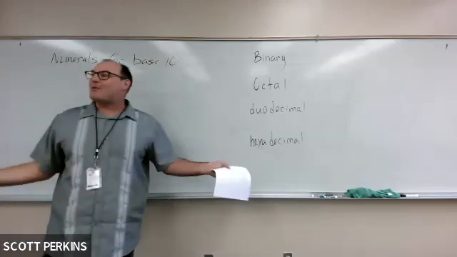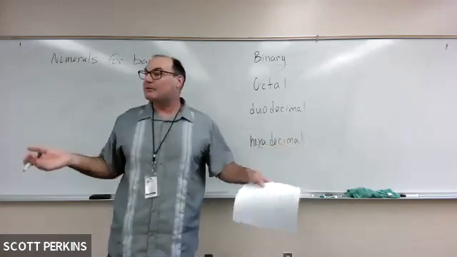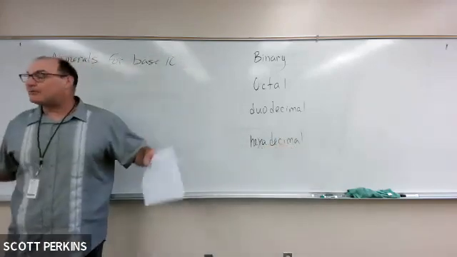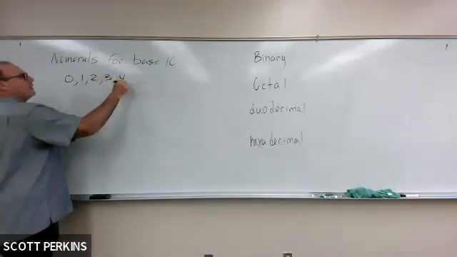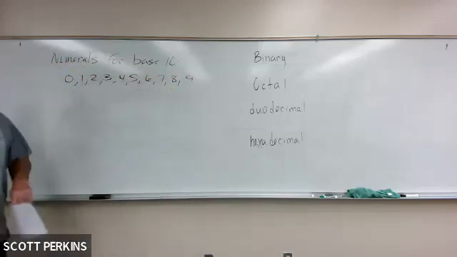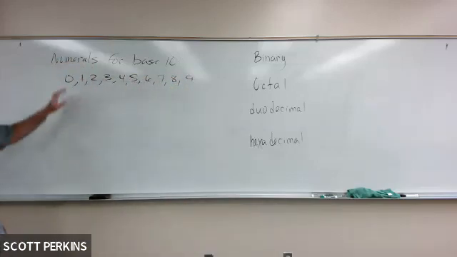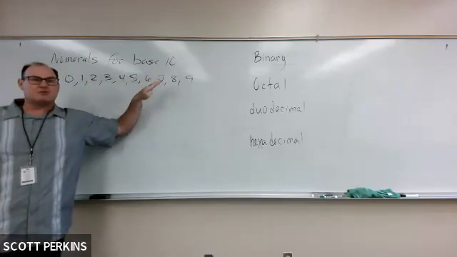What are the numerals that we use when we write numbers down? 0 through 9, right? Would we all agree with that? 0 through 9. So then we start with 0, 1, 2, 3, 4, 5, 6, 7, 8, 9. How many numerals is that, by the way? It's 10. Okay. Base 10 system, we have 10 numerals.